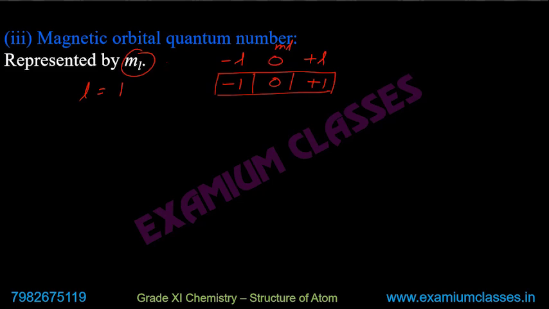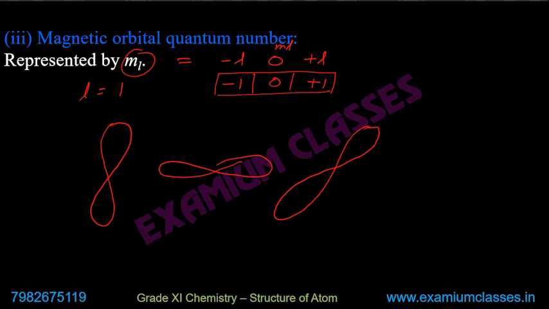So these are the values of ml. These tell you the orientation. Why? Because if you remember, there will be 3 p orbitals, and each will be aligned along one axis: x-axis, y-axis, z-axis.